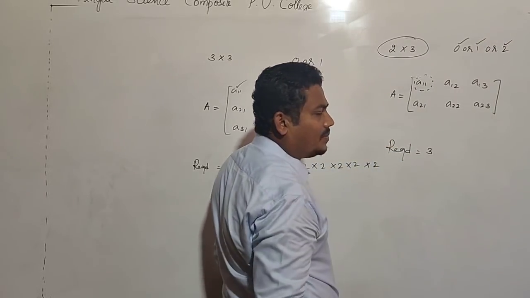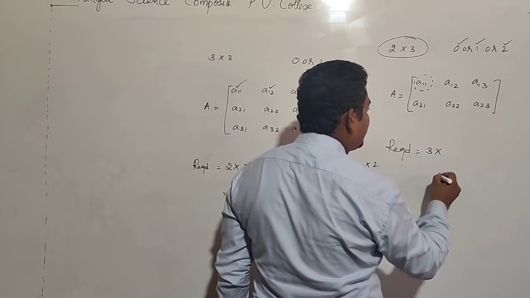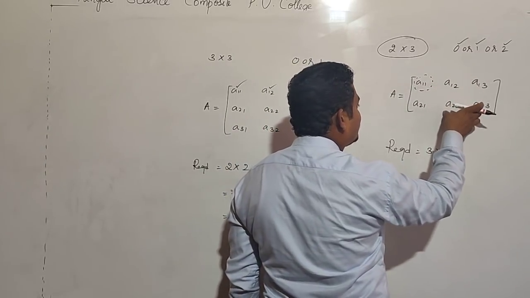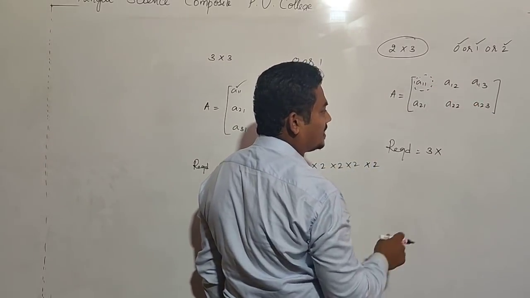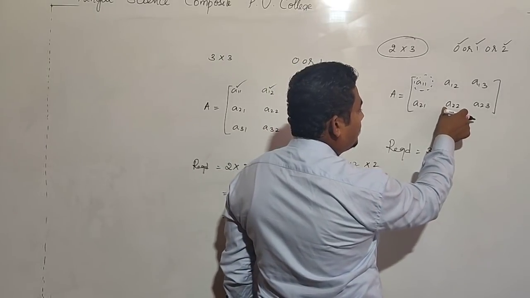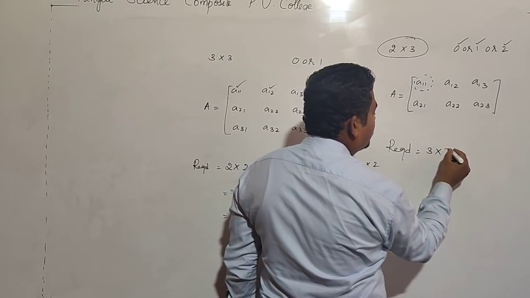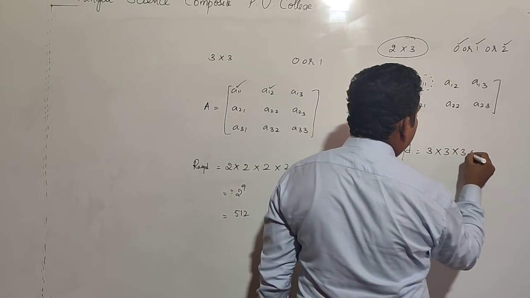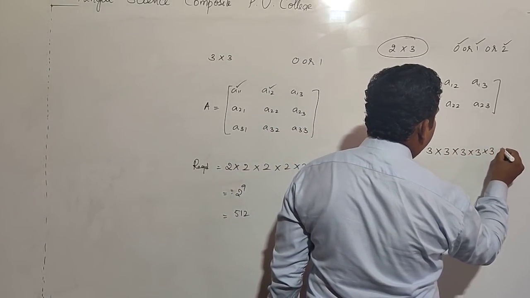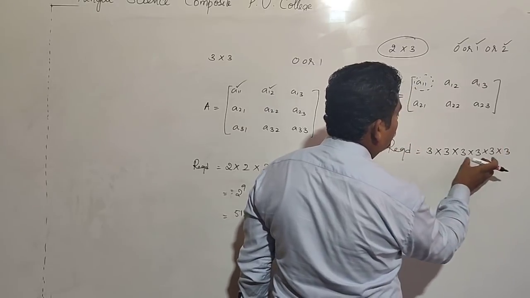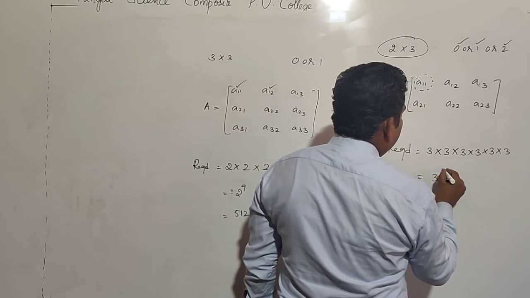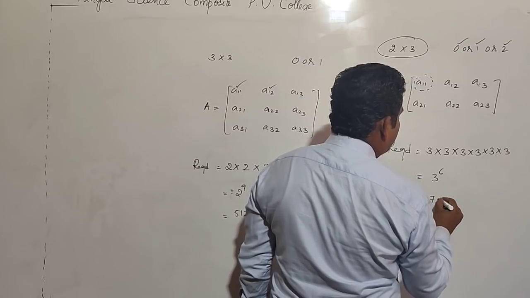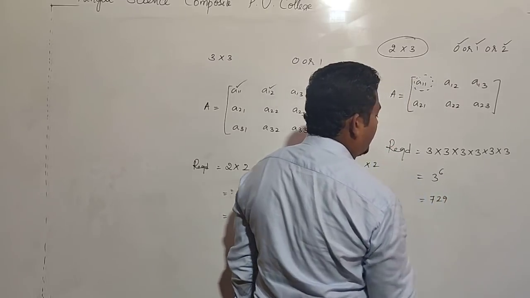Similarly, for every element in this matrix there are 3 possibilities, such 6 elements. So 3 into 3 into 3 into 3 into 3 into 3. It will be 3 power 6. After multiplication, it will be 729.